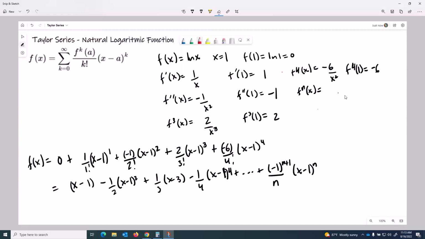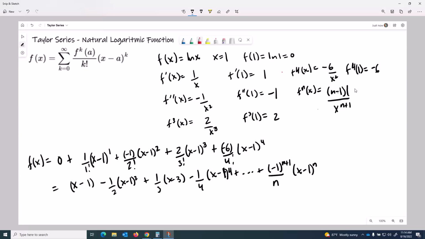Okay, so what we're saying is that the nth derivative of the natural log function is going to be n minus 1 factorial, divided by x to the n plus 1.